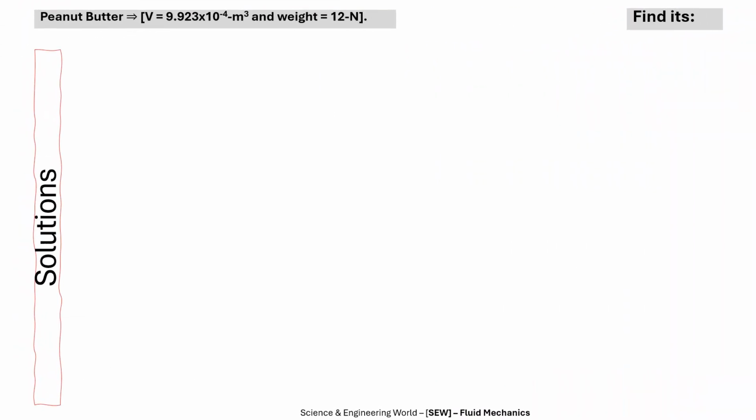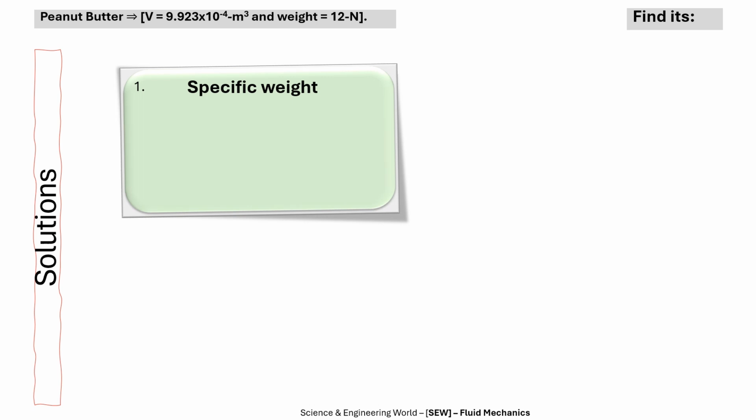With the volume and the weight of the peanut butter known, we can now find, number one, specific weight. In a video which I made about the properties of fluid, particularly density, I put the link above.